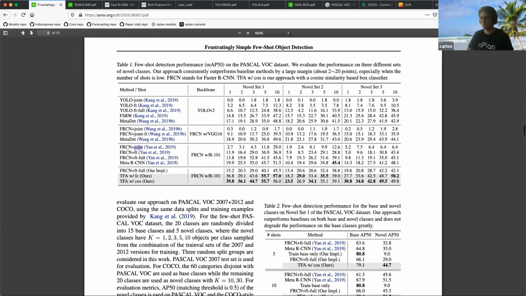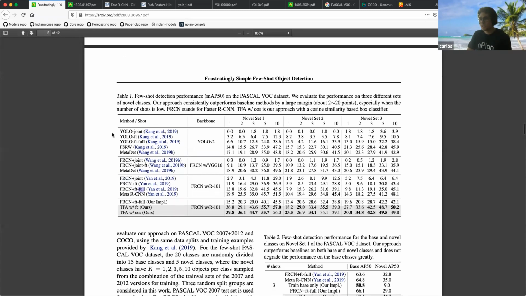One is just training everything all together. The other one is doing fine tuning, but fine tuning just the last layers of faster RCNN. And the other one is fine tuning the whole architecture.